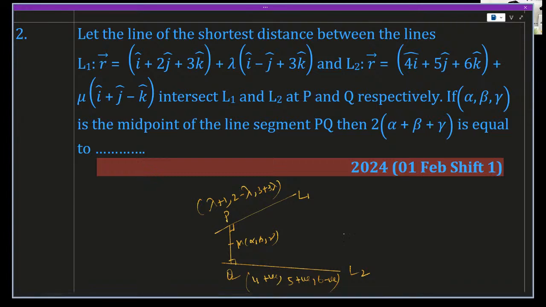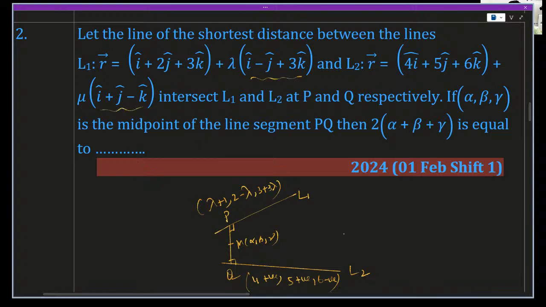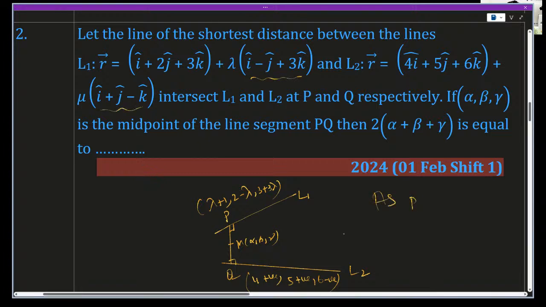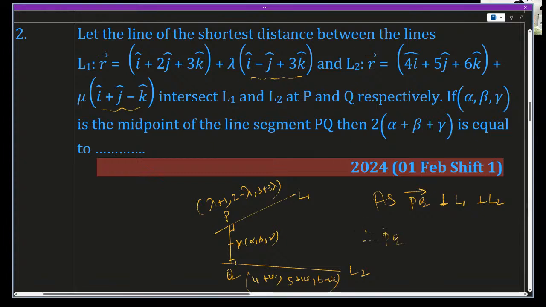Now, PQ is in what direction? PQ is perpendicular to L1 and L2, it means perpendicular to these two. Therefore PQ is along what direction?